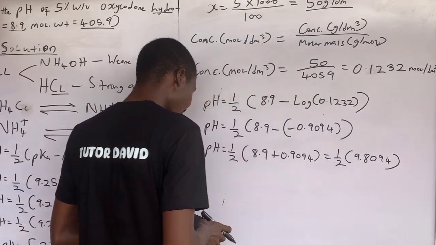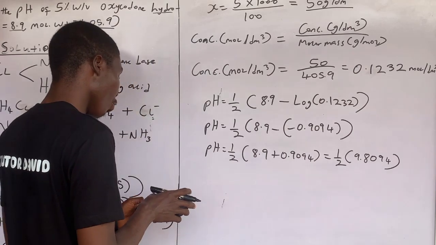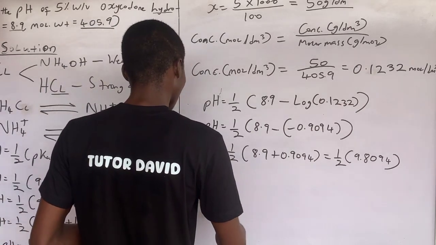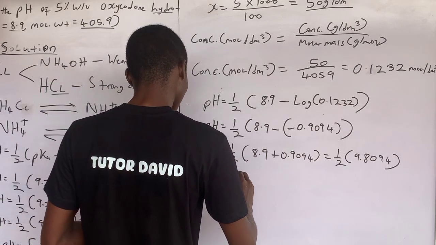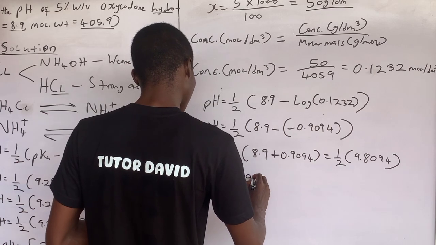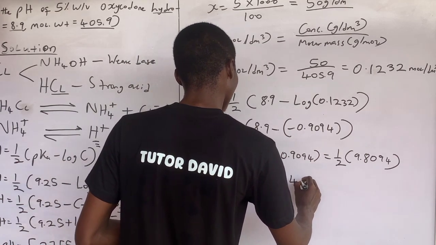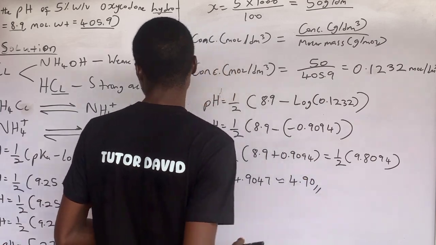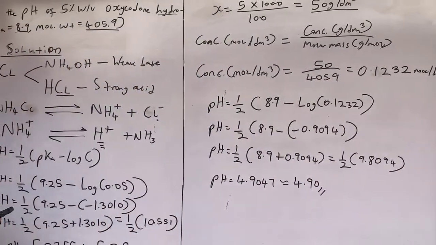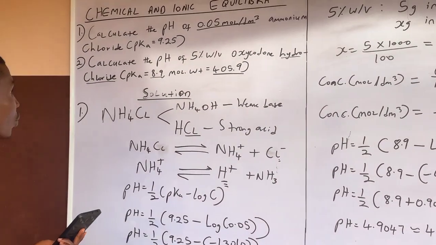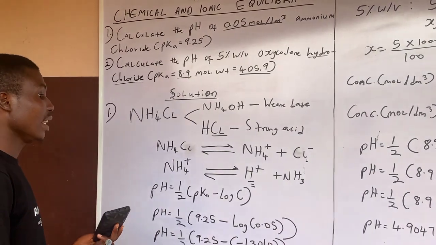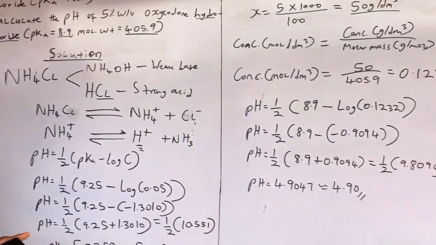We simply divide 9.8094 by 2, so our pH is now going to be equal to 4.9047, which is approximately 4.90. So the pH of 5% weight per volume oxycodone hydrochloride is determined to be 4.90.